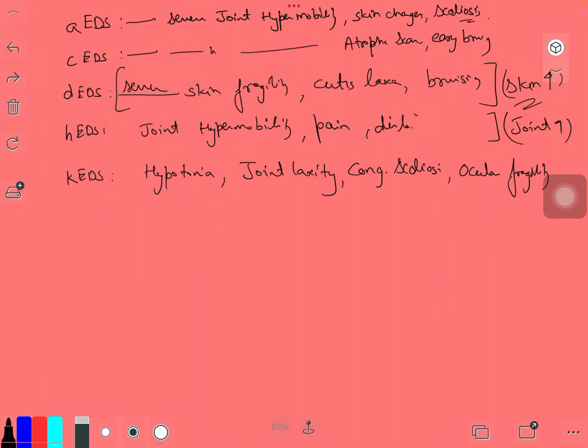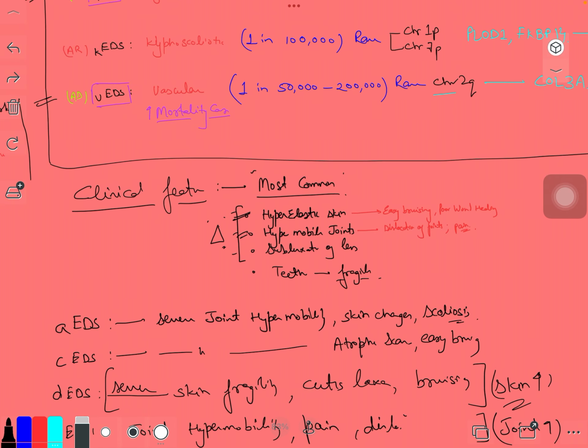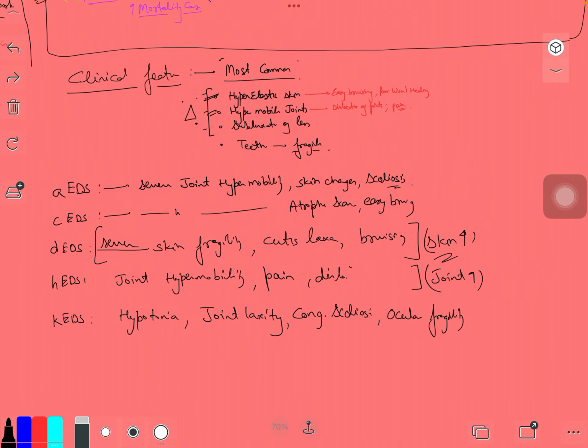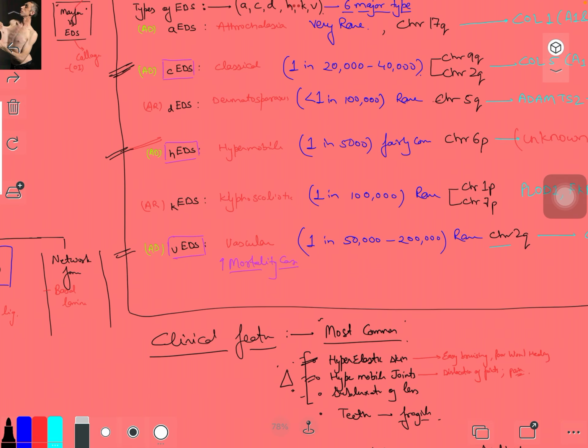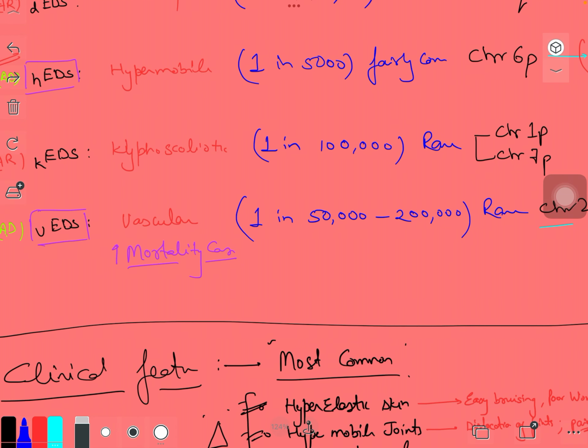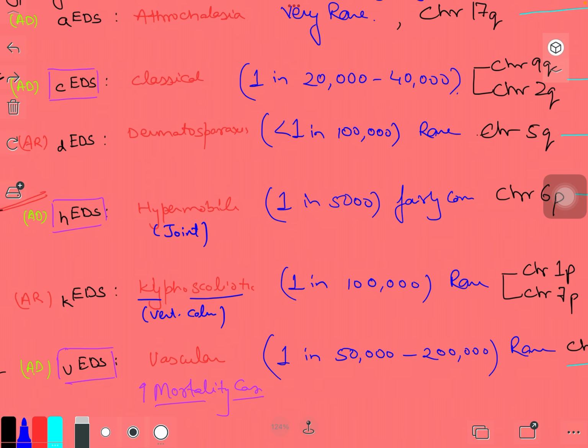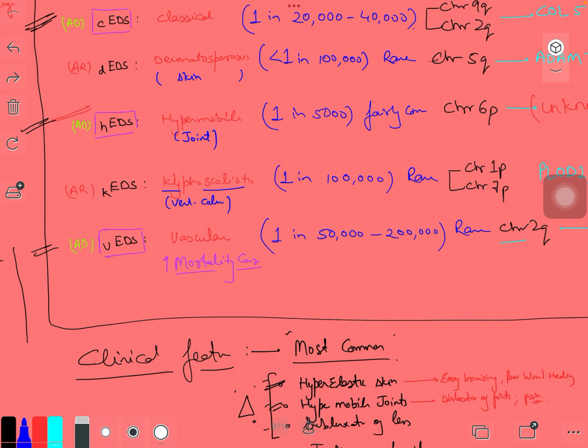So the K variant was the kyphoscoliotic type. The name suggests it is kyphosis, and let's mark it over here, kyphoscoliotic. Hypermobile, so it is more of joint type. Kyphoscoliotic, kyphosis and scoliosis, so the vertebral column is more affected. Dermatosparaxis, it is more for the skin. Classical type has everything.